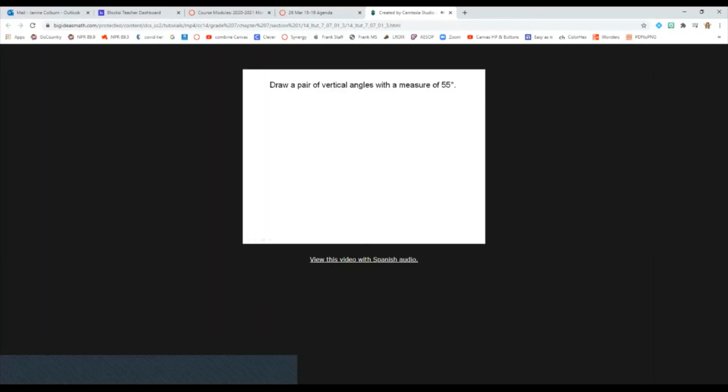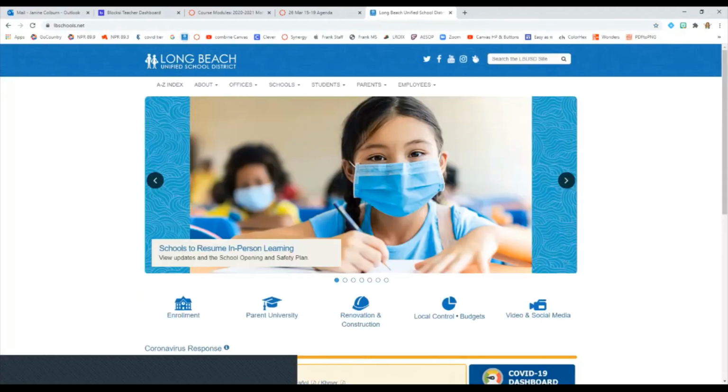Draw a pair of vertical angles with a measure of 55 degrees. Use a protractor to draw a 55-degree angle. Then use a straight edge to extend the lines to form two intersecting lines. Okay, that wasn't very helpful. Okay, what I did want to show you.